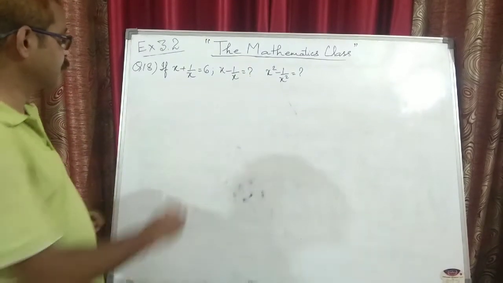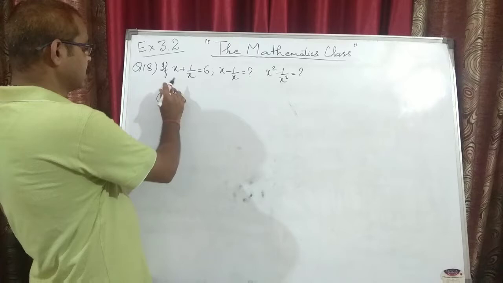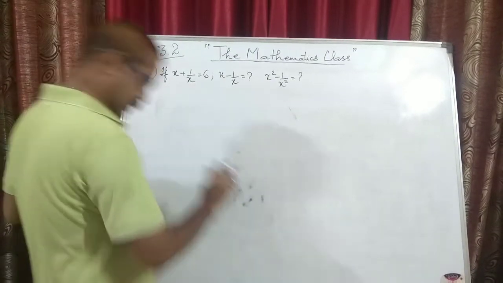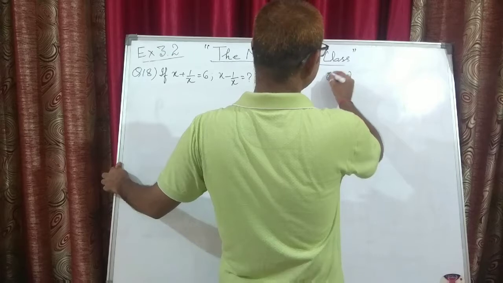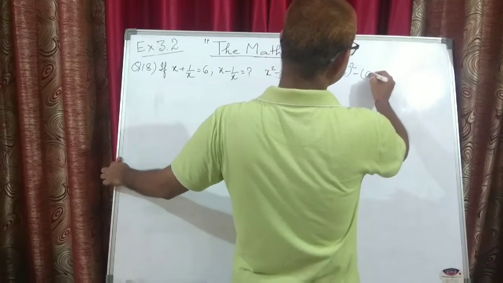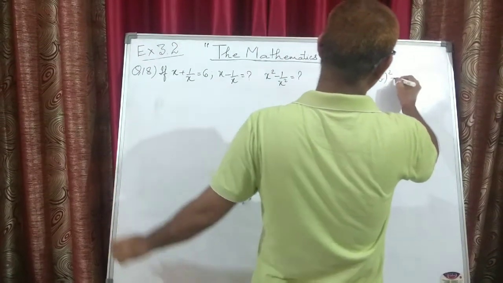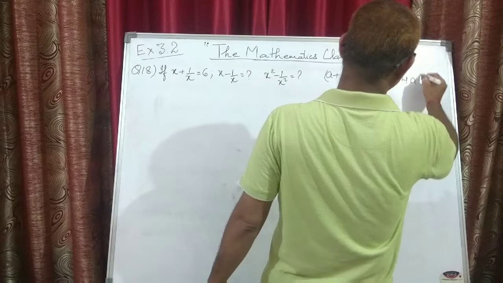Just now, if you remember, we have used a formula: (a plus b) whole square minus (a minus b) whole square is 4ab.